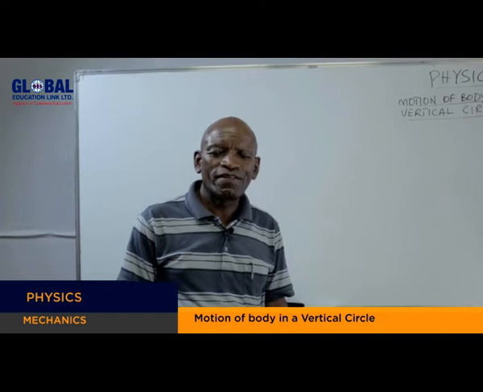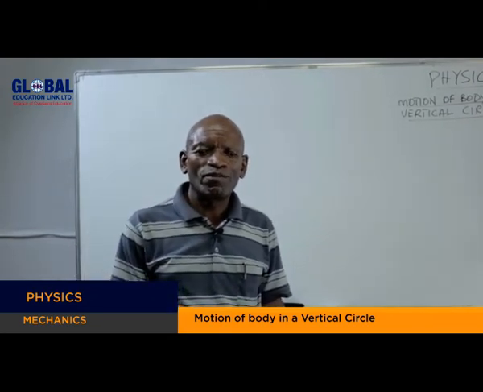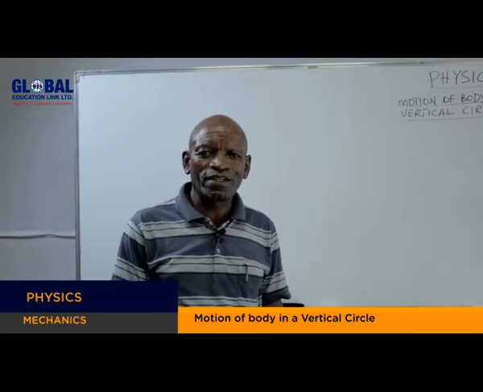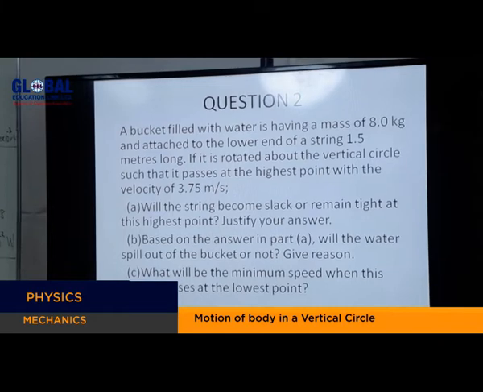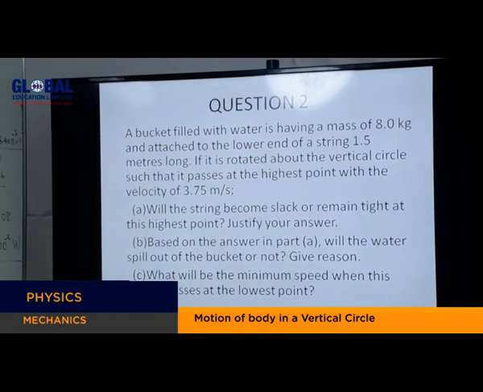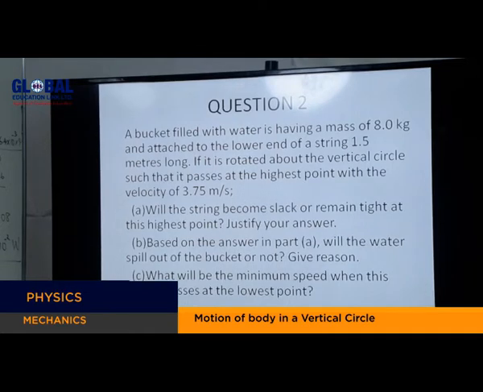Okay, students, let us now go to the second example, which is also more or less challenging to you. This question says that a bucket filled with water has a mass of 8 kilograms and is attached to the lower end of a string 1.5 meters long.